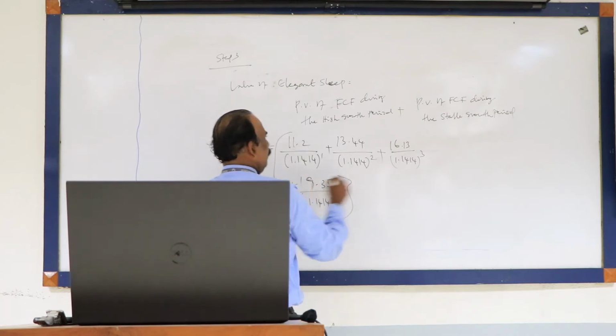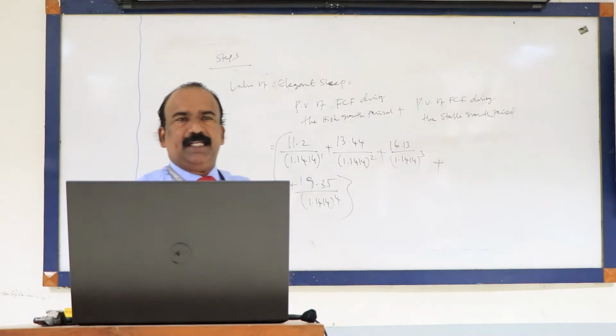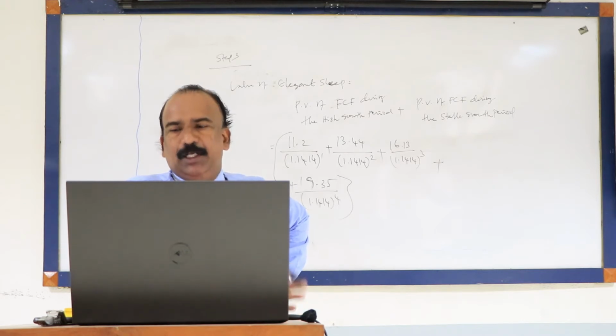Then the present value of FCF during the stable growth period, that is the residual value, fifth year onwards. So kindly listen. First we need to calculate the residual value, what we call the continuing value.